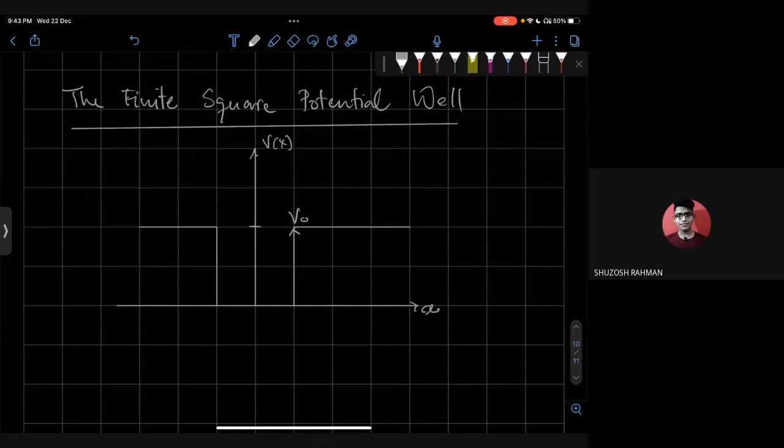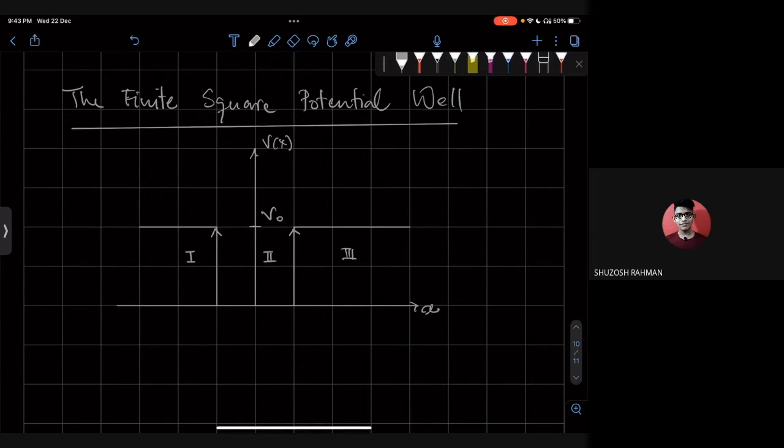Maybe we should have the V naught here. This is V naught. And similarly, let's have three regions: region 1, region 2, and region 3.